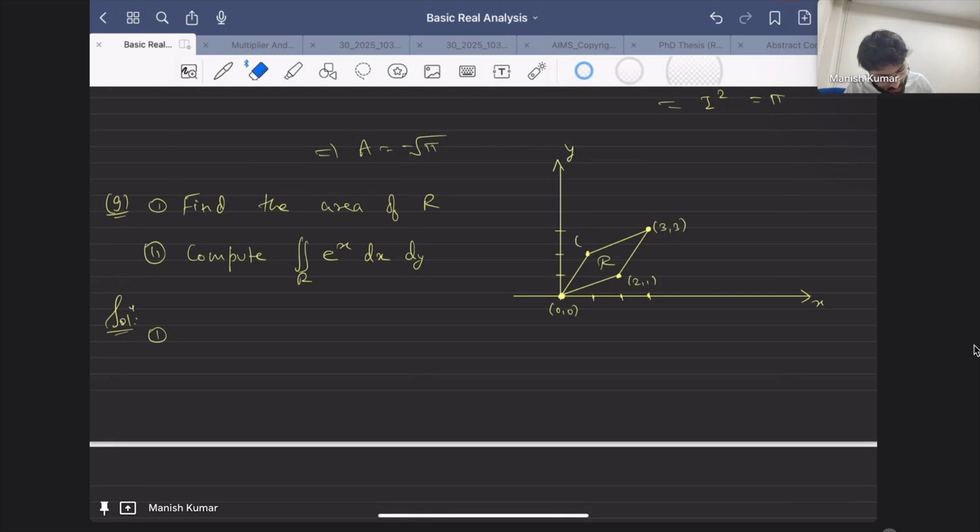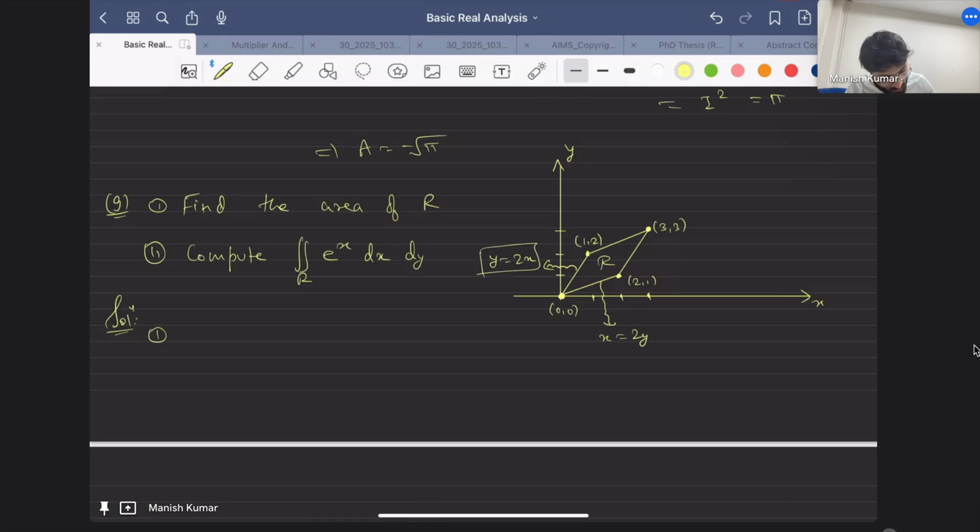So the first thing is that we need to find the equations. What is the equation for this one? This is y equals x by 2, so x equals 2y, and this would be y equals 2x. This is y equals 2x.